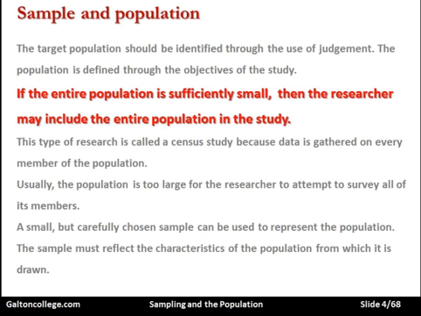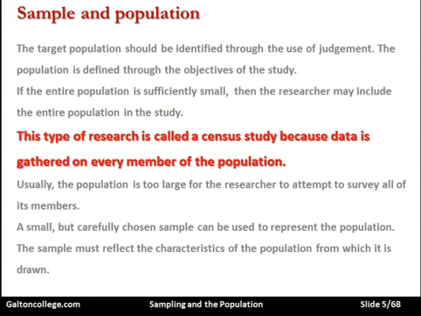If the research budget is small, sampling may still be needed. If the whole population is included, it's called a census study, because data is gathered on every member of the population. So if the whole population is looked at, it's called a census.